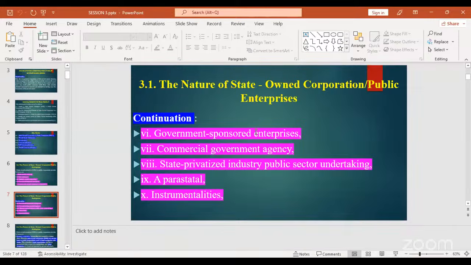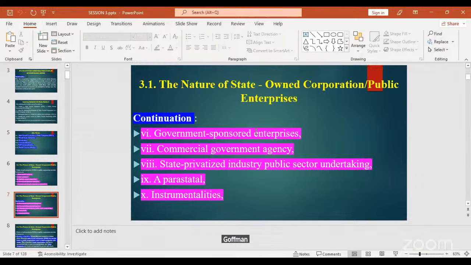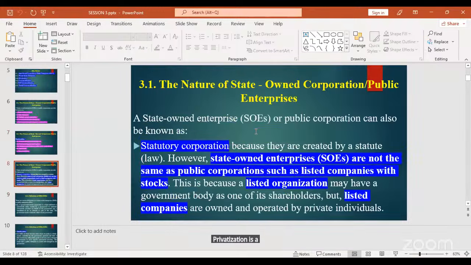So government is doing everything possible to run business, but a business that becomes so difficult for government to run and survive appropriately, government privatizes it. So in essence, privatization is a concept which government can use at its discretion.